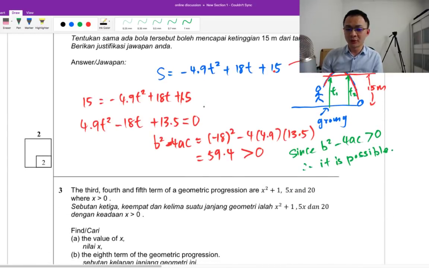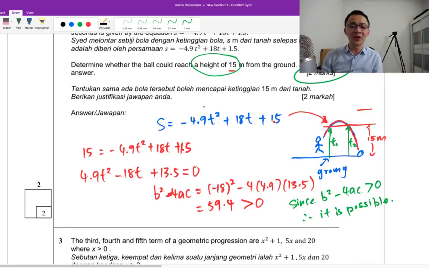Okay, so yeah, you can't use differentiation because of what? Because in this case, we do not know whether 15 meters is the highest point or not. If you know the 15 meters is the highest, then we can do something like dy/dx equal to 0. But in this case, the differentiation or completing the square doesn't help at all.